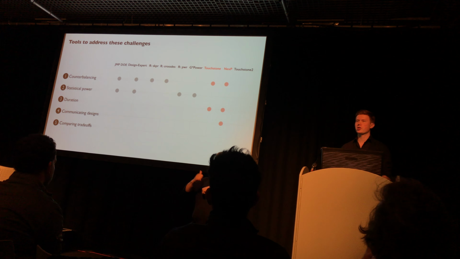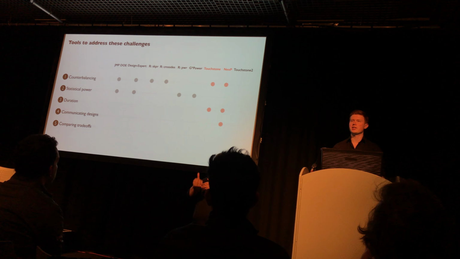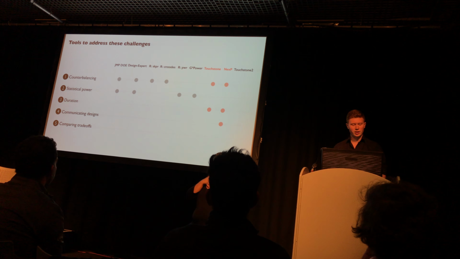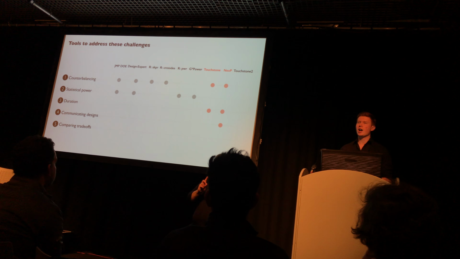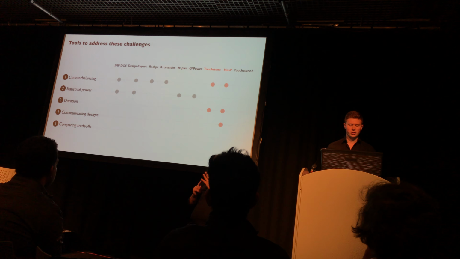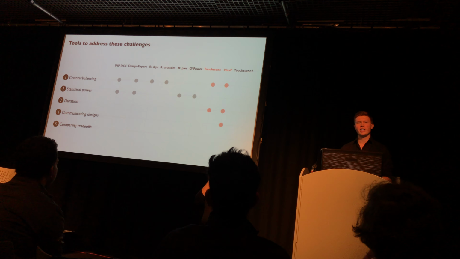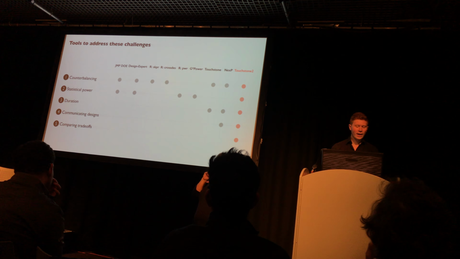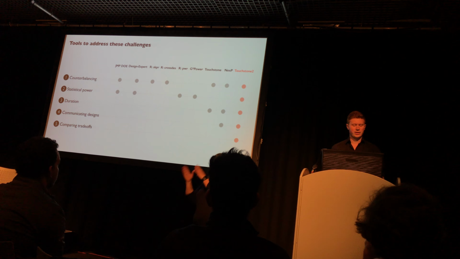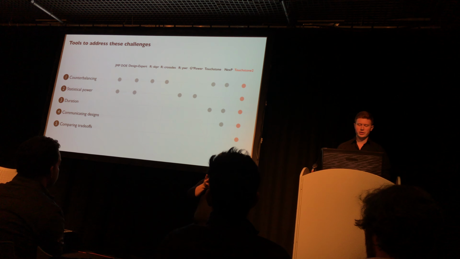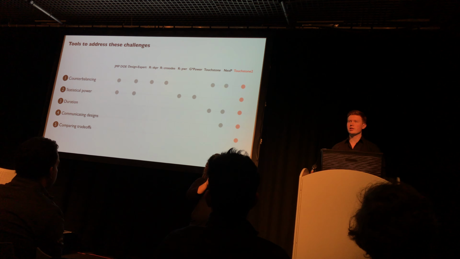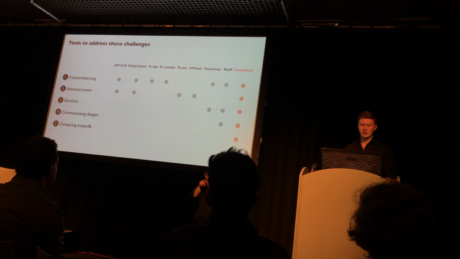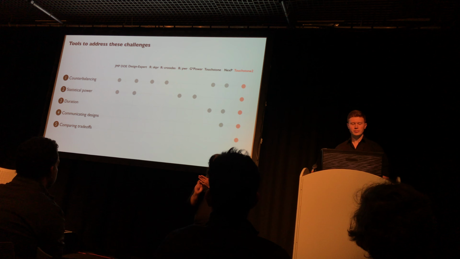Touchstone used a step-by-step approach to input experimental design parameters for one design. And NextP used a question and answer structure for the same information to make it more accessible for non-expert users. Touchstone2 builds on the knowledge from these tools and enables researchers to interactively compare multiple designs and their trade-offs.